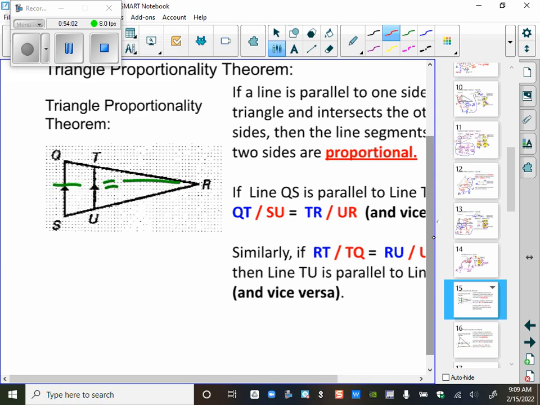Sometimes they might say these two sides overall total. That can work too. Don't worry about all this. Just worry more about it. There's your first ratio. Second ratio, set them equal, solve. Done.